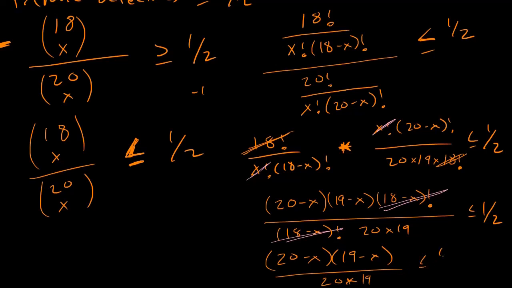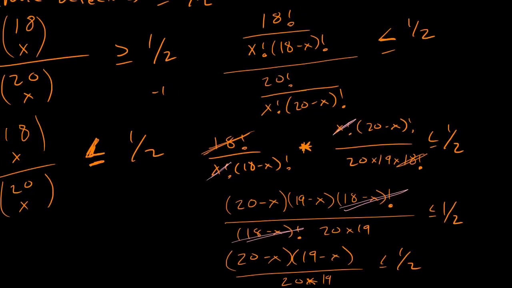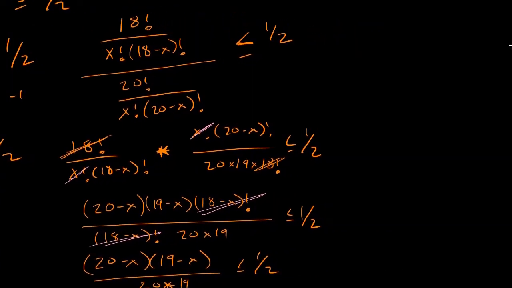So this is kind of like a quadratic equation now. And I've run out of room once again, so let me see if I can move over a little bit more. So I'm going to take this up here. I can go ahead and FOIL, right? So 20 times 19 is 380 minus 20x minus 19x plus x squared.